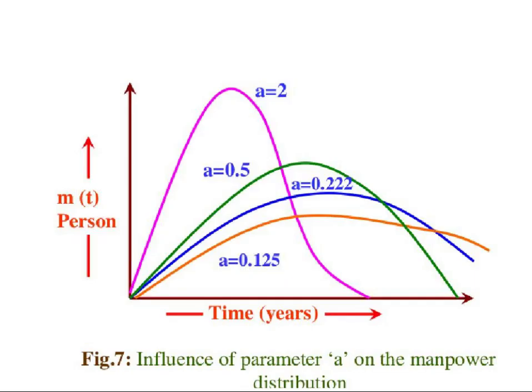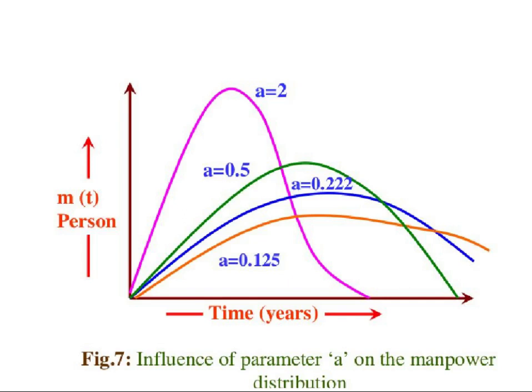It can be seen from the figure that the parameter a, which has the dimension of 1/time², plays an important role in the determination of peak manpower. The larger the value of a, the earlier the peak time occurs and the steeper the staffing profile.